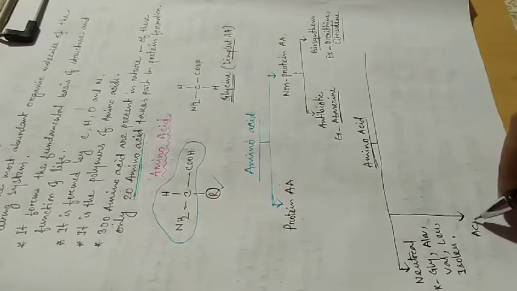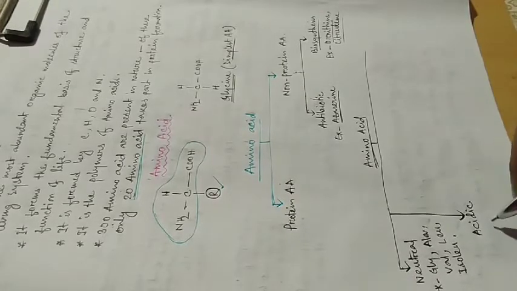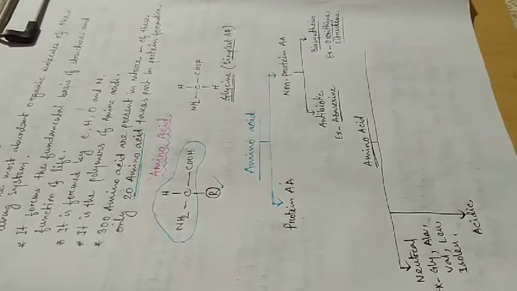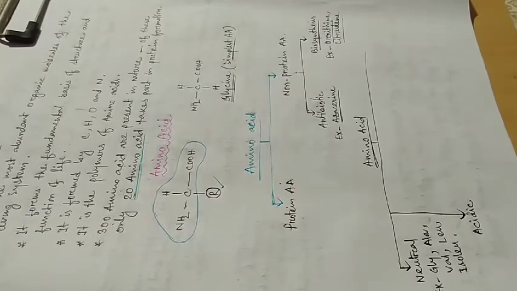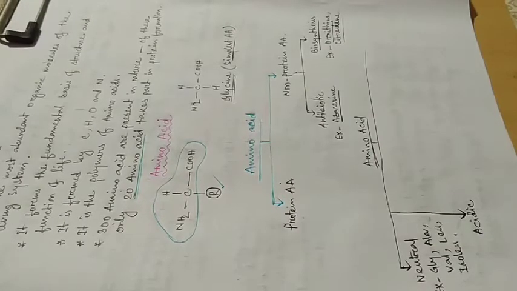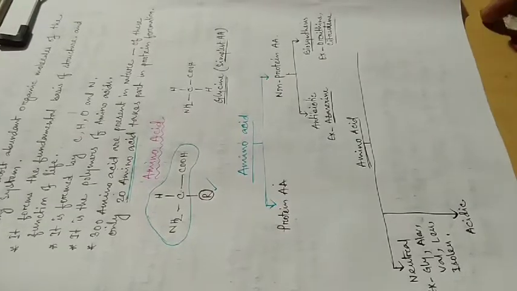acidic amino acid. Acidic amino acid means it contains two carboxyl group and one amino group. For that they are acidic in nature.